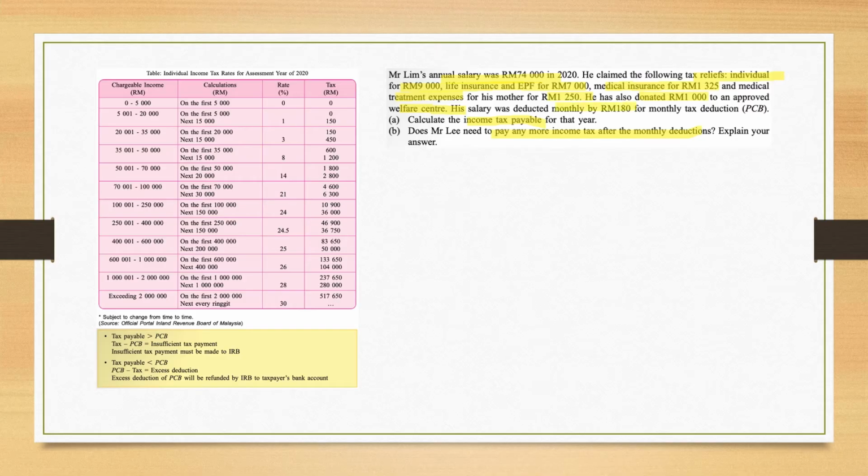Alright, now same thing, same as I mentioned. First calculate your chargeable income, find your income tax, your tax rebate, as well as your payable income tax. So first thing first, chargeable income.